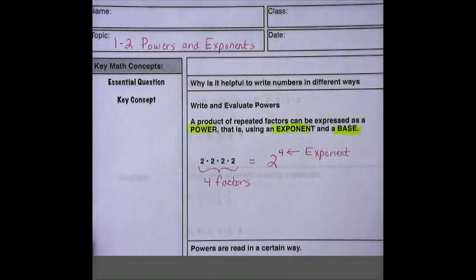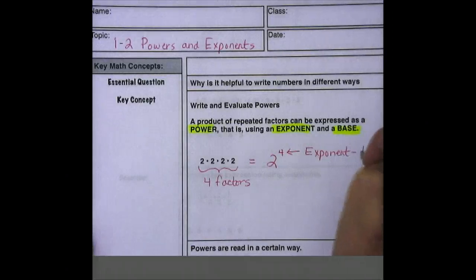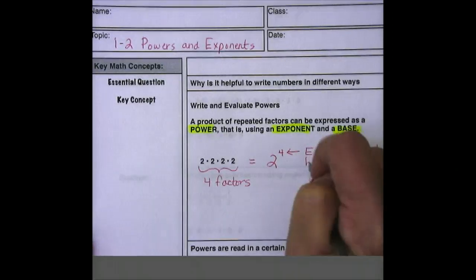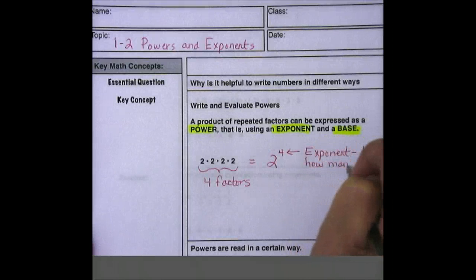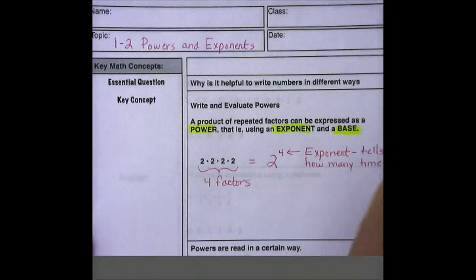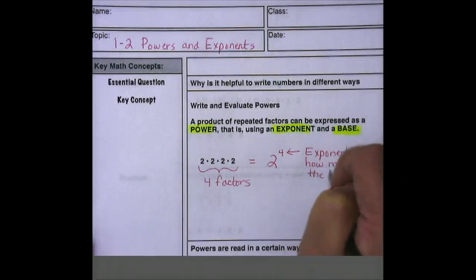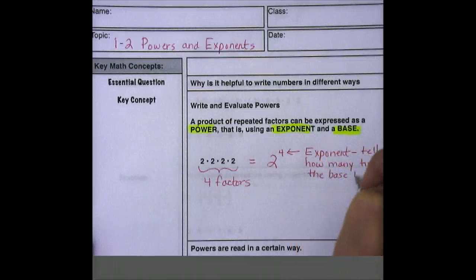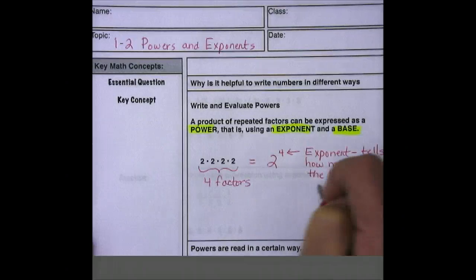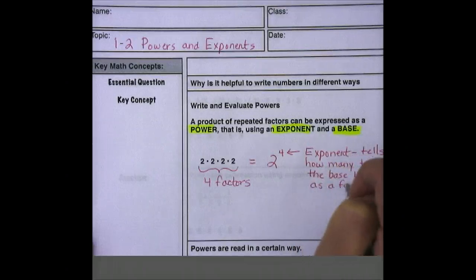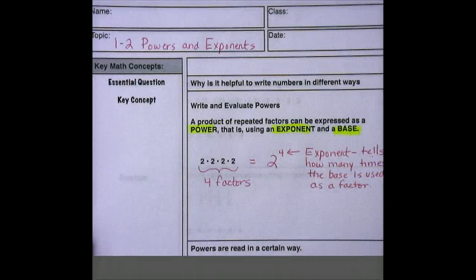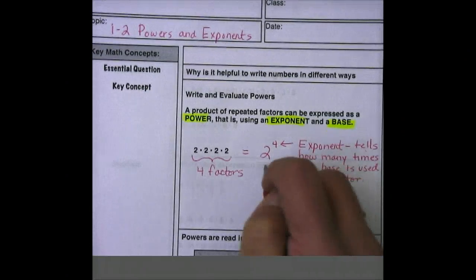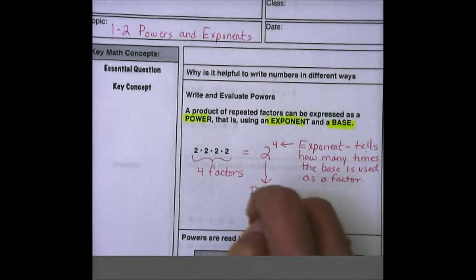And remember that the exponent tells us how many times the base is used as a factor. And then 2 is our base.